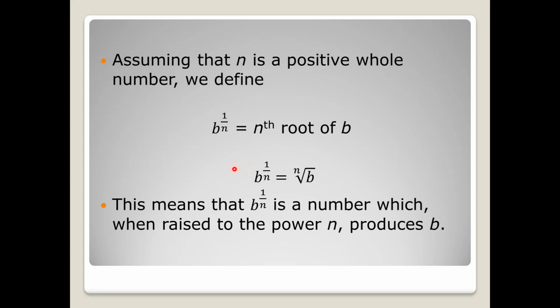If we raise this number on the left side to the power of n, we will get b. This is the meaning of the nth root. So if b to the power of 1 over n is raised to the power n, then we will get b.